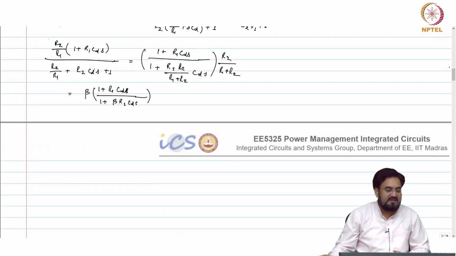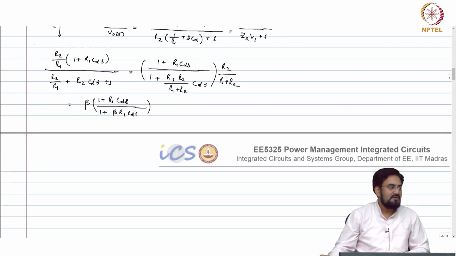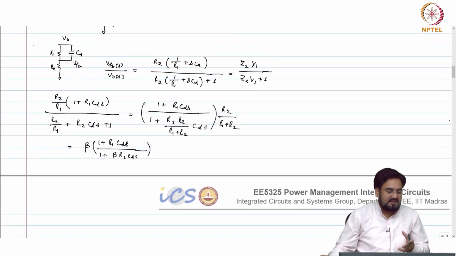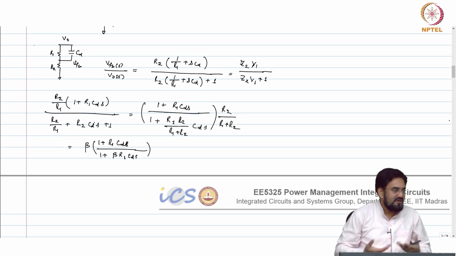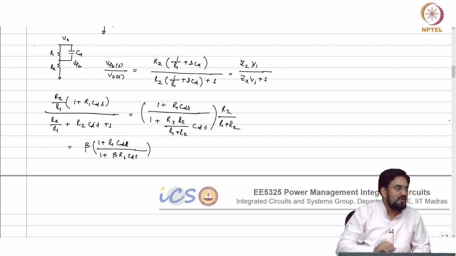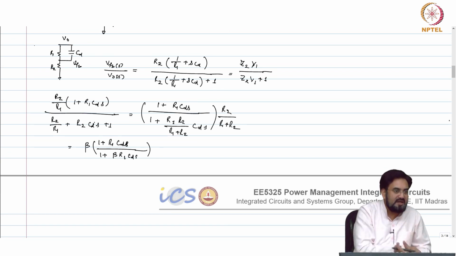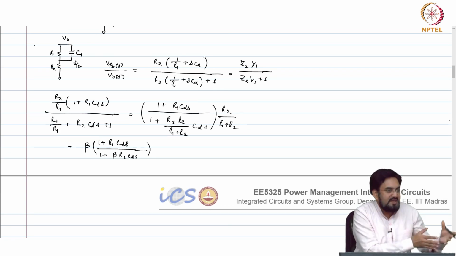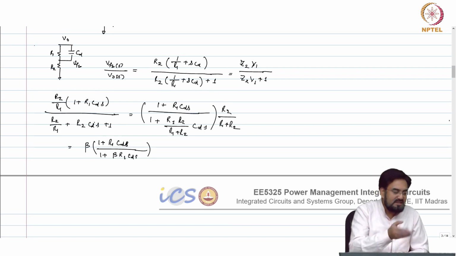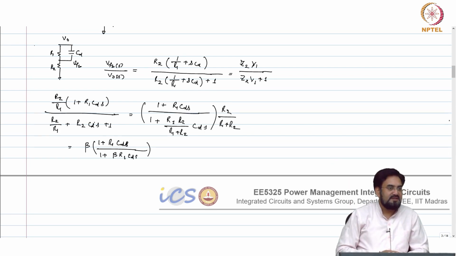So this is only effective if your beta is very small, and we know that this pole should be outside UGB, otherwise the effect of 0 will go away. So in order to place this pole outside UGB, omega Z2 is appearing at omega naught, which is even lower than your omega UGB, and this pole should be maybe 5 to 10 times away, which means you may require like 40 or 50 gain here.